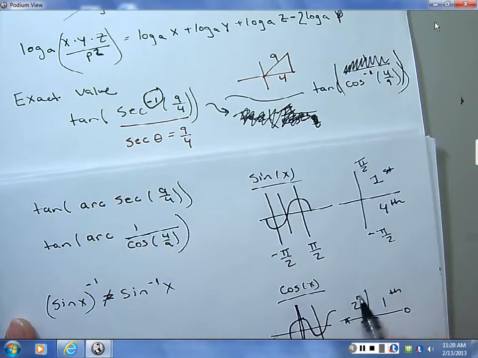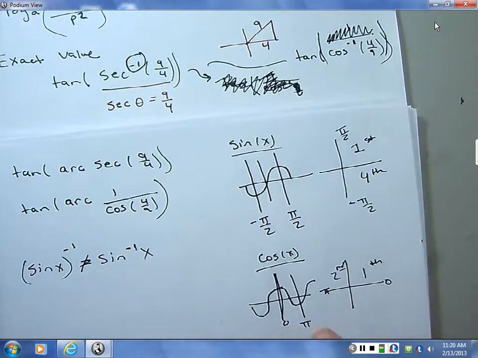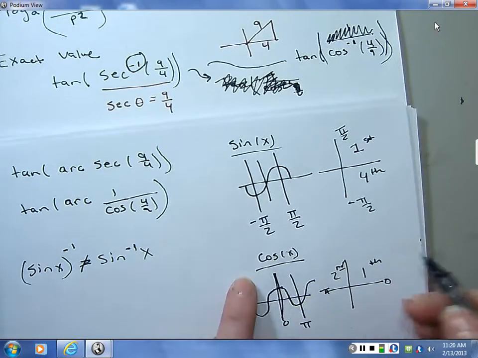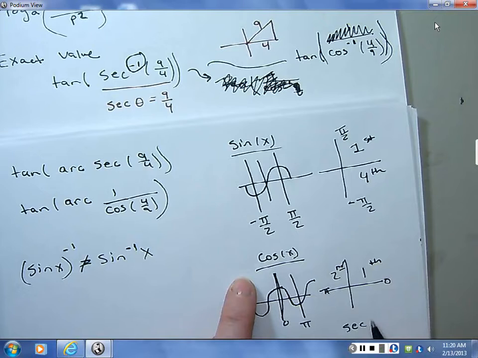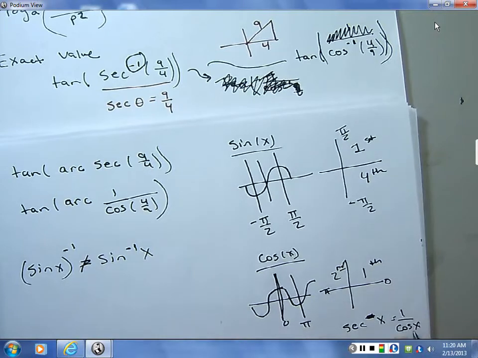The reason why I pick this is so the inverse exists. So secant of x is 1 over cosine, right? So if I limit cosine to be from 0 to pi, wait, not cosine, secant, I think, because that was going to 0.